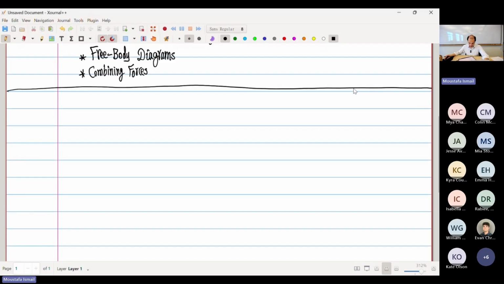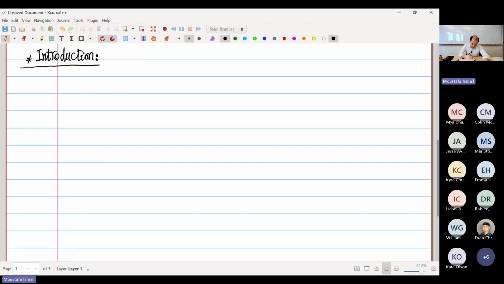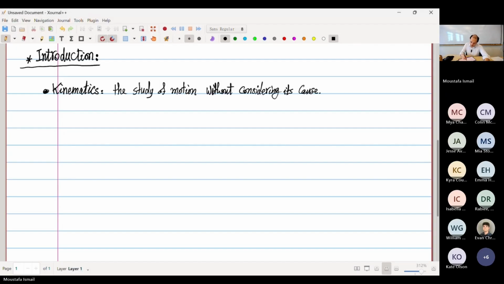So let's get started with the introduction. Previously, we discussed kinematics. And we said that kinematics is the study of motion without considering its cause. This is the important statement here, without considering its cause. Now we move to dynamics.